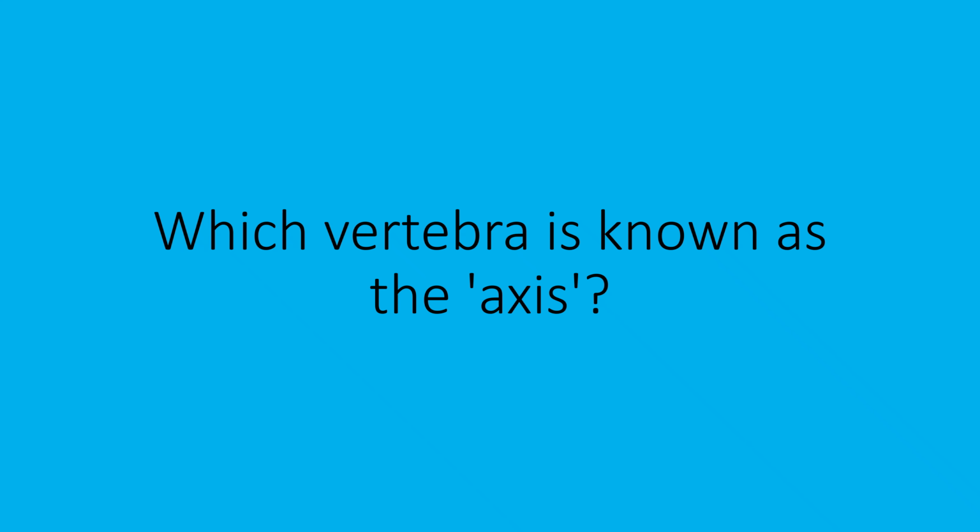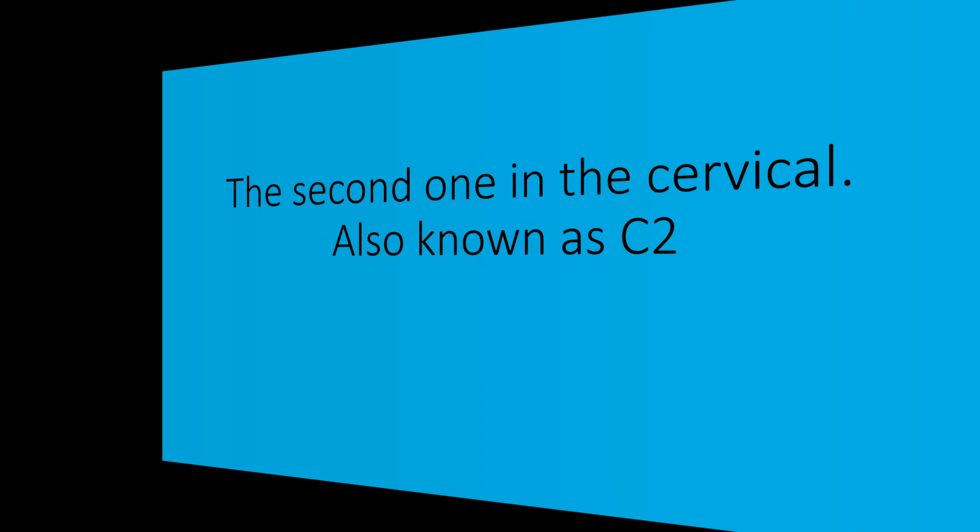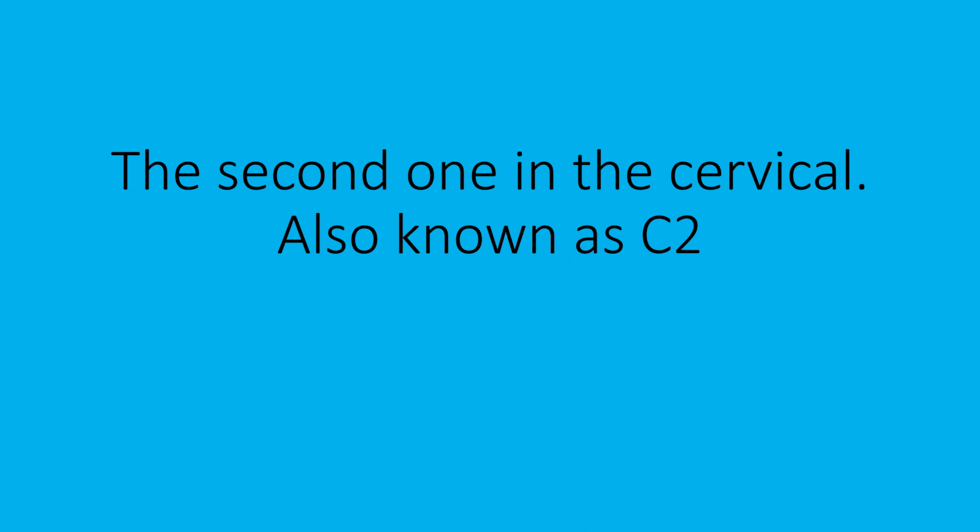Which vertebra is known as the axis? The second one in the cervical, also known as C2.